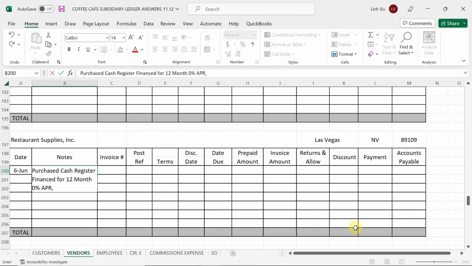If not paid off, I will be charged 18% APR interest after 12 months.